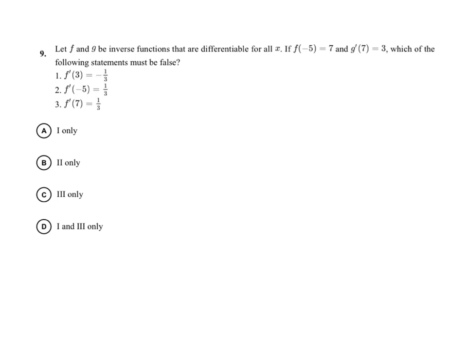Let f and g be inverse functions that are differentiable for all x. If f of negative 5 equals 7 and g prime of 7 equals 3, which of the following statements must be false? All the statements are the derivative of f at different x values.